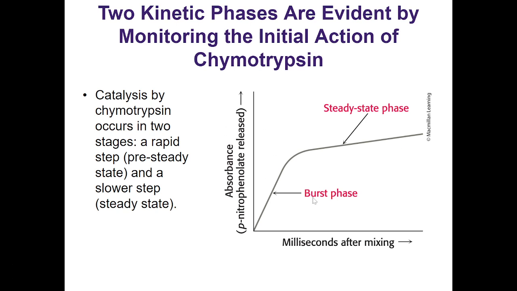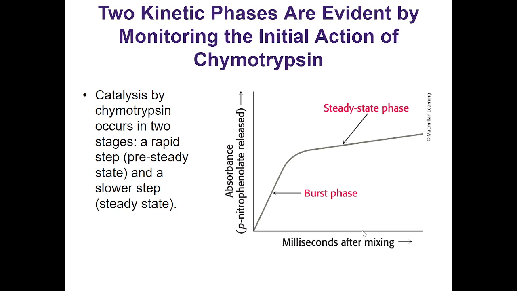Okay, and so again, we have two phases. We have the rapid step, the burst phase, and then we have the slow step, which is your steady state, i.e. binding. And then we have a steady state where we pretty much have bound what we're going to get bound. And all that's going to happen is it's going to go a little slower each time because we run out of substrate, right? Okay. Keep in mind this is not substrate down here.